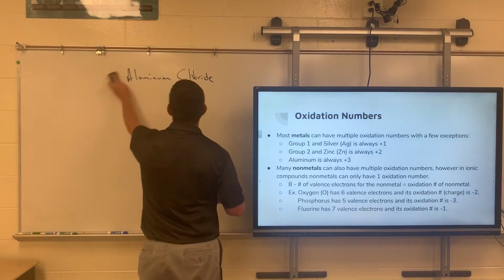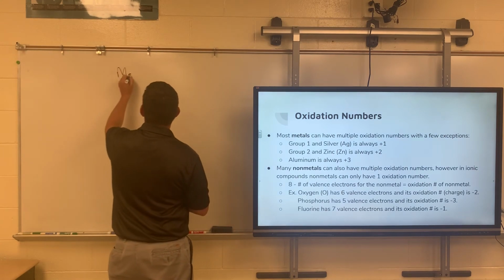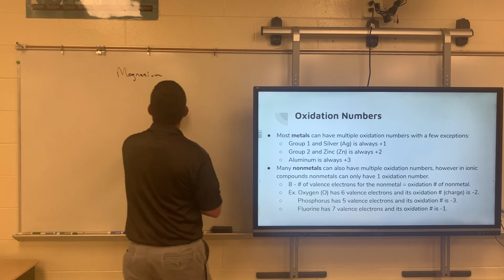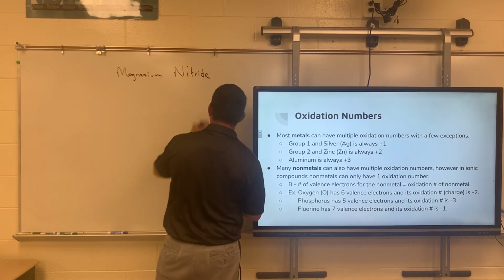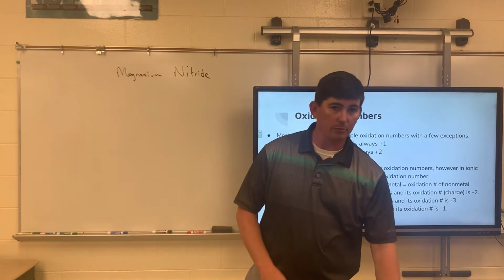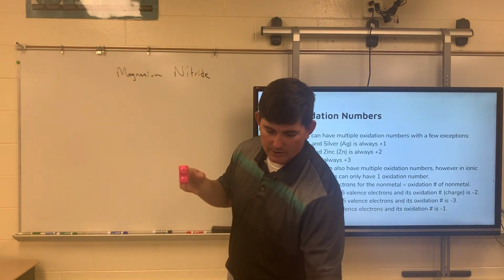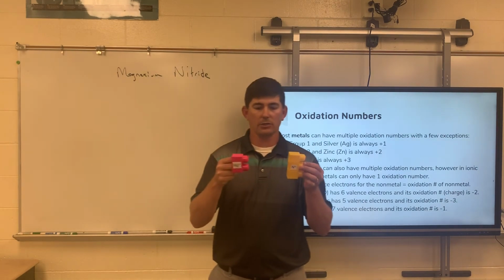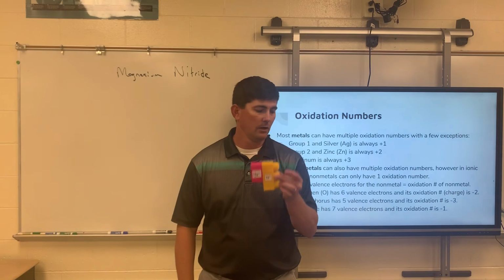Let's say magnesium nitride. Okay, so magnesium we know to be a +2, and nitride we know to be a -3, right? If we try to put just one of each together, we see that we're not happy here.